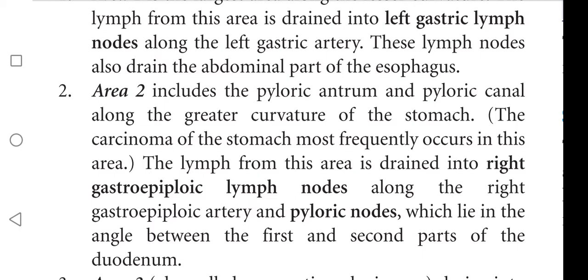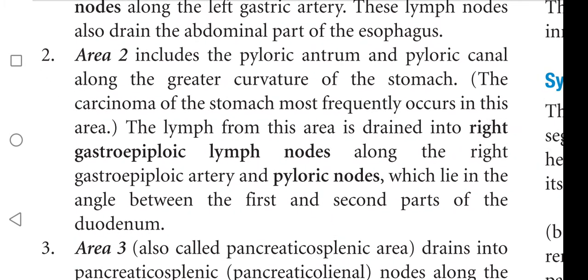Carcinoma of the stomach more frequently occurs in this area, and the lymph from this area is drained into the right gastroepiploic lymph nodes along the right gastroepiploic artery and the pyloric nodes, which lie in the angle between the first and second parts of the duodenum.